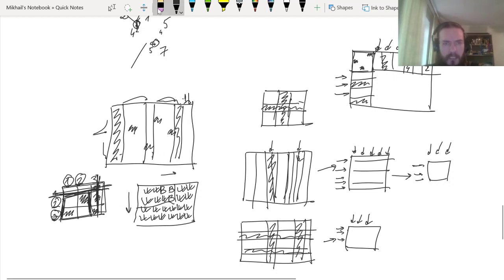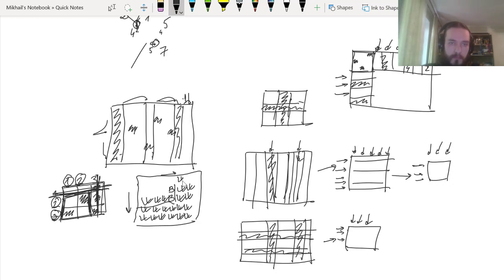Hang on, how exactly does this work? Let me expand this a little bit. Okay, so here we had a black row, a black column. No black columns anymore, no black rows.